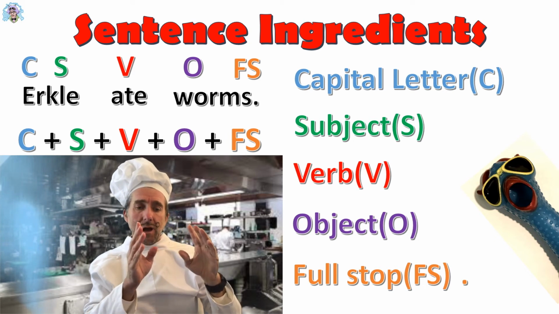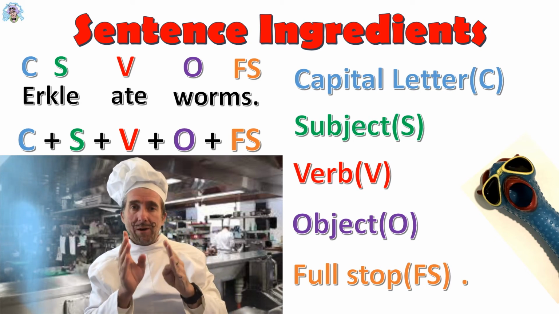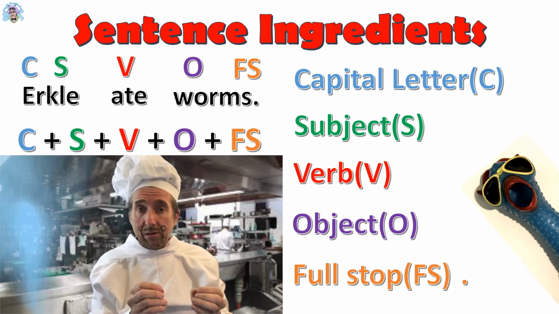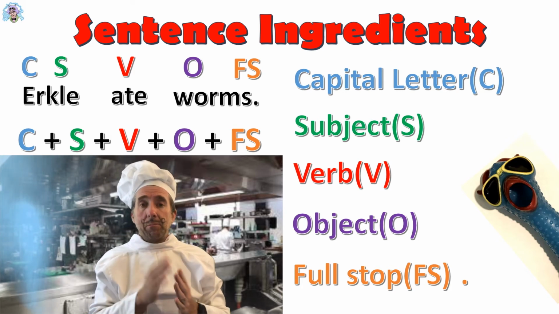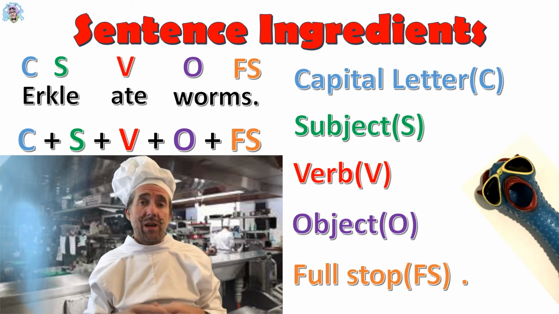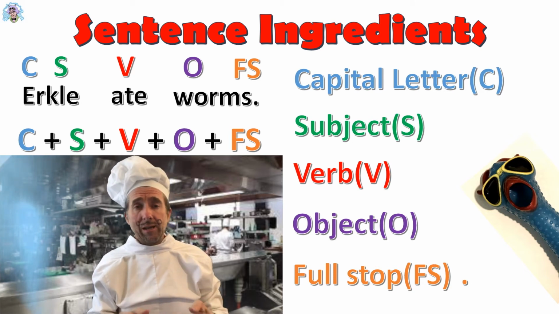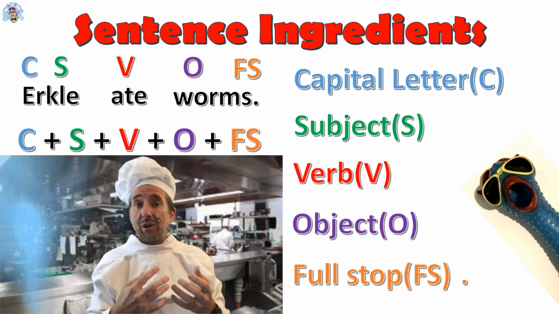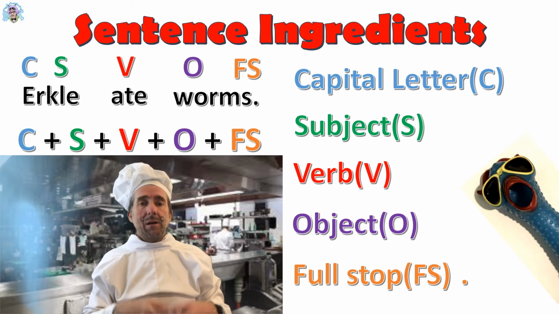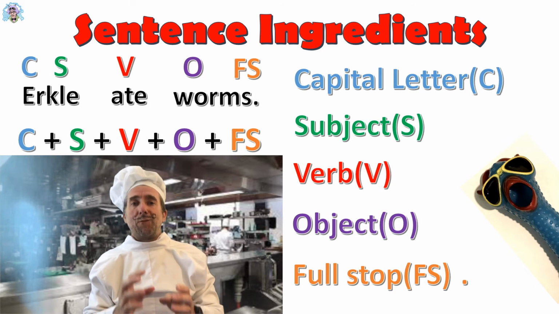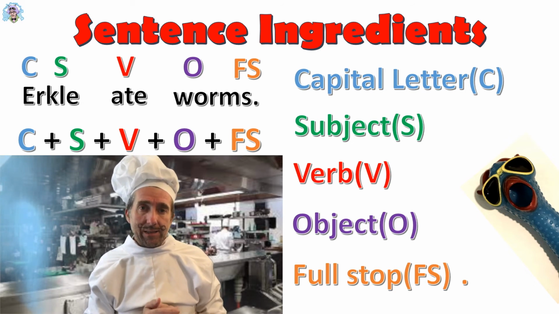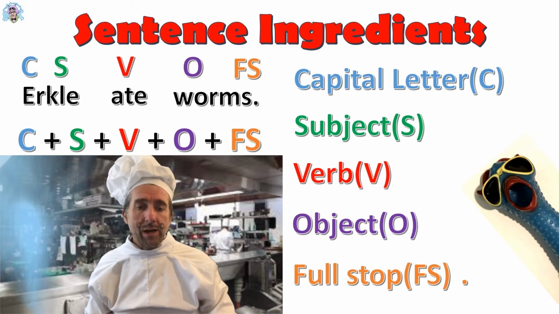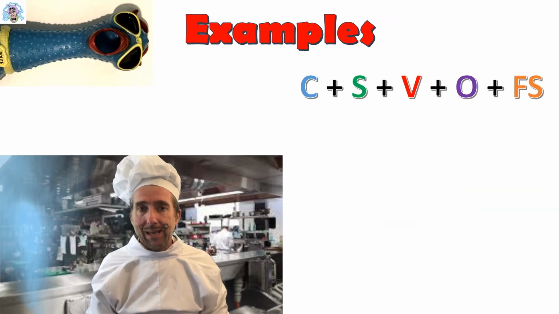Then in the middle, I've got plus verb, V, which is an action or doing word, plus object, which is a person, place, or thing that is receiving the action or the action's being done to, and they are only sometimes in a sentence, plus a full stop at the end of the sentence, and that's always there. Excellent. So let's go on and maybe have a look at a couple examples.